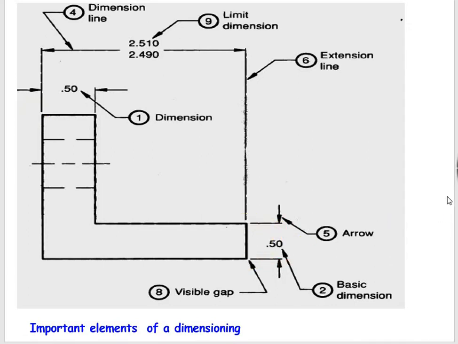For this example, see here I cannot draw the arrow inside. So this is always one method of showing the dimension. I will just write the unit here, and the dimension I will show in this manner. Here both the arrows are going outside, and I wrote the length here.